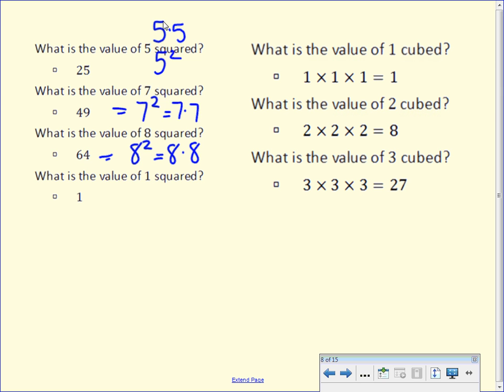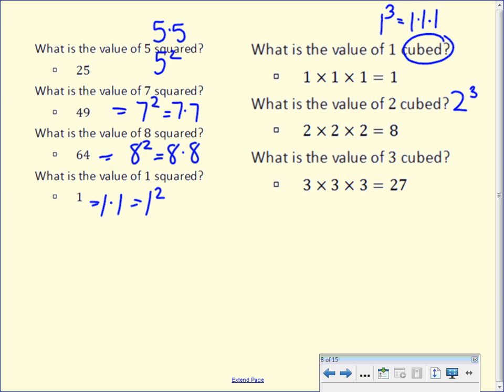So this answer, somebody had asked the question earlier, is it always squared no matter what the base is? And yes, if 2 is your exponent, it's always squared. So 1 squared equals 1 times 1, which equals 1. Cubed is 1 to the third power. 1 times 1 times 1 is 1.